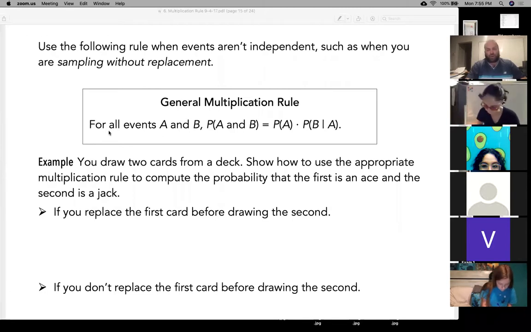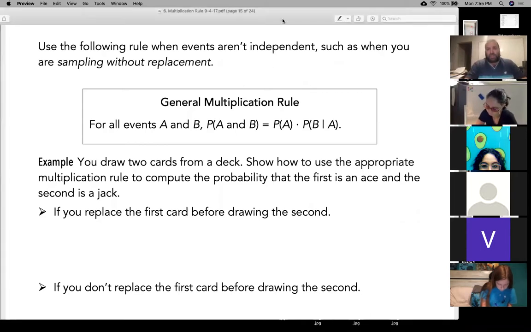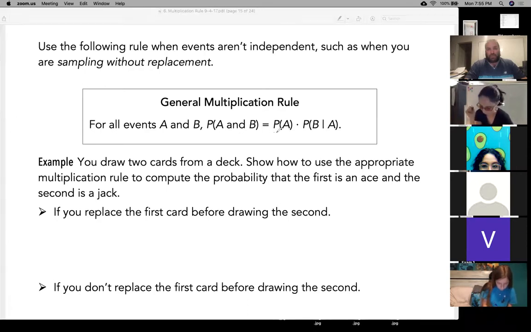It says as follows: for all events A and B, independent or not, the probability of A and B is equal to the probability of the first event occurring times the probability that the second event occurs given the first event has occurred.